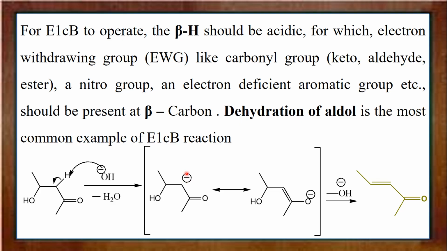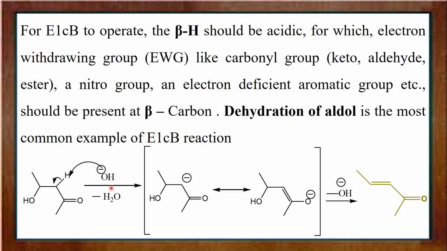The resulting carbanion is stabilized by the electron withdrawing group, the carbonyl group, the minus R group connected to the beta carbon. So this is stabilized by resonance with the enolate.